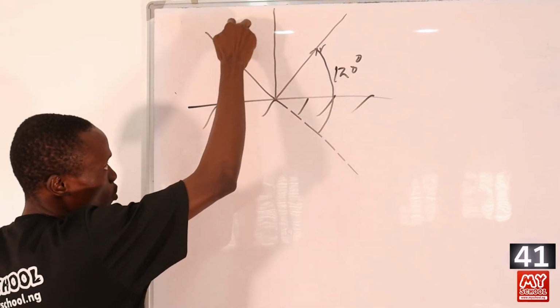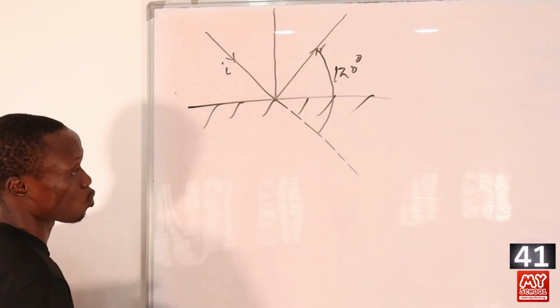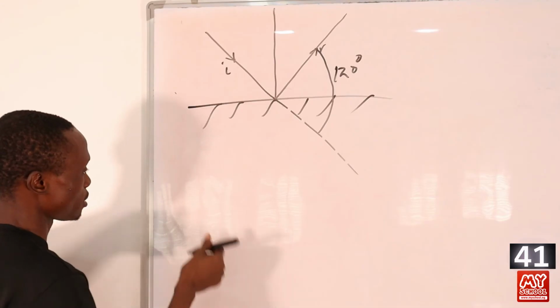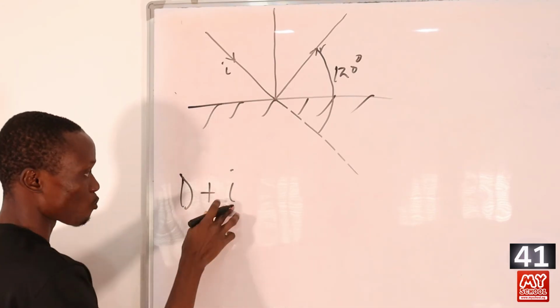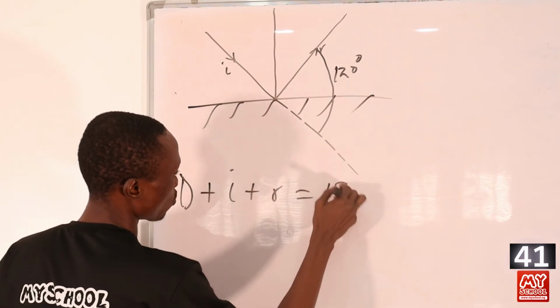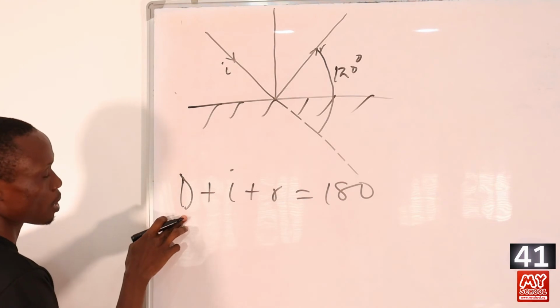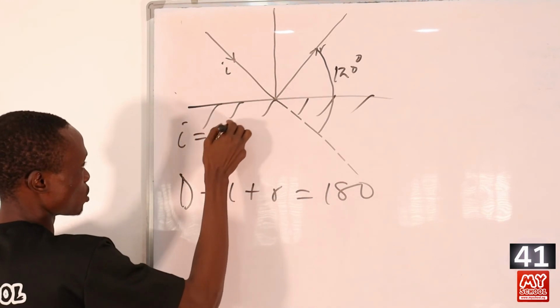You can see all the angles are on a straight line, and remember the angle on a straight line is equal to 180. So here we just say the deviation plus the angle of incidence plus the angle of reflection is equal to 180. But remember the second law of reflection, that the angle of incidence is equal to the angle of reflection.